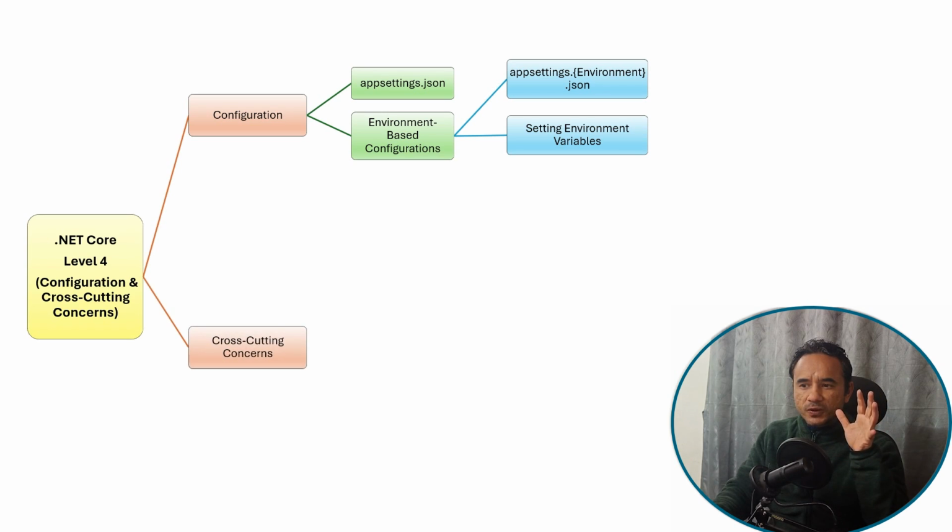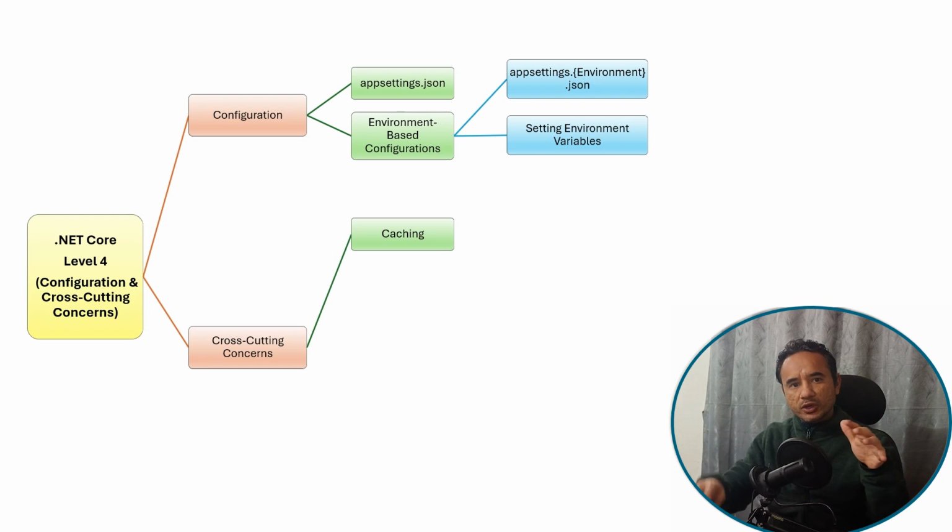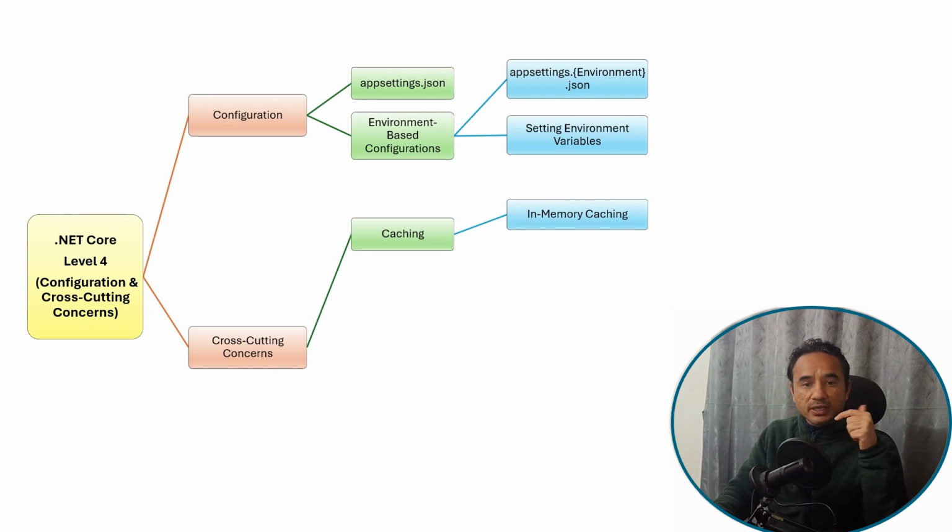Now we have cross-cutting concerns. Cross-cutting means features or tasks which are commonly applied across your application. For example, caching, validation, and error handling. Caching will commonly apply throughout your application. For this you can use in-memory caching for quick storage, and then explore distributed caching.